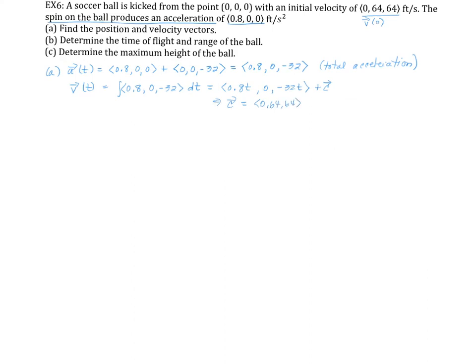So we look at our velocity vector, and adding in that 0, 64, 64 component-wise, this is going to be the vector 0.8t, comma 64, comma negative 32t plus 64. I have my velocity vector.